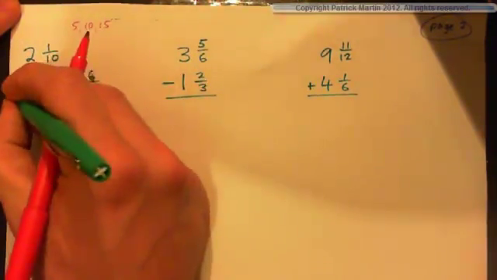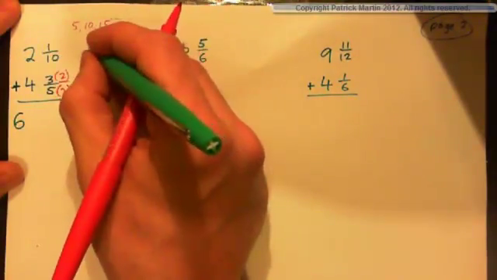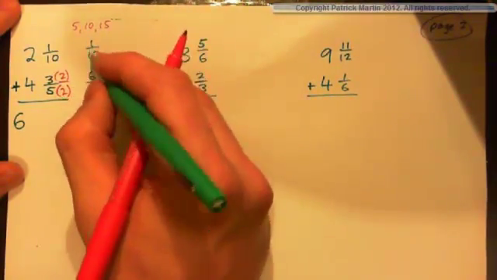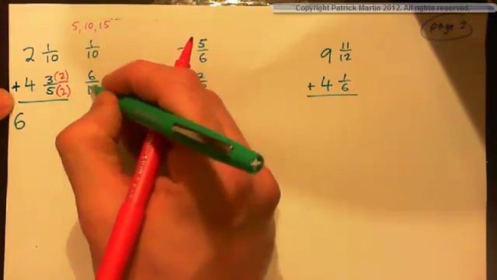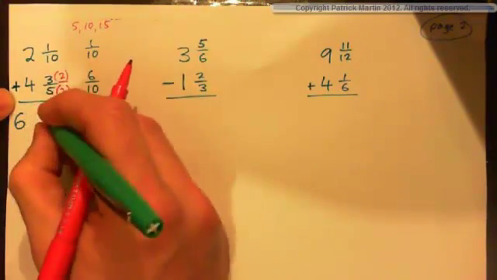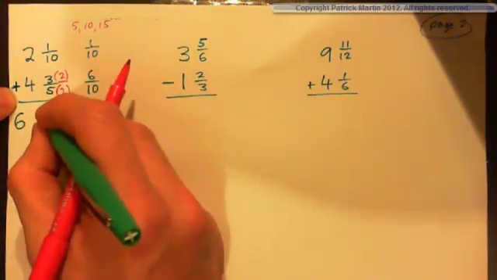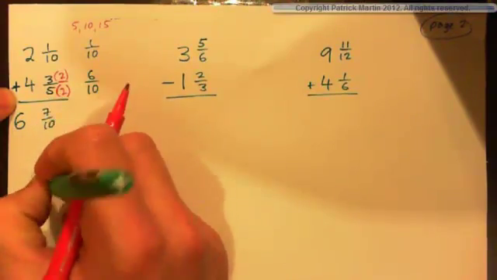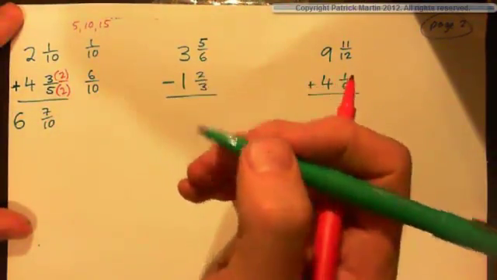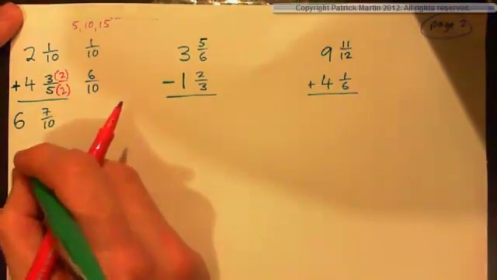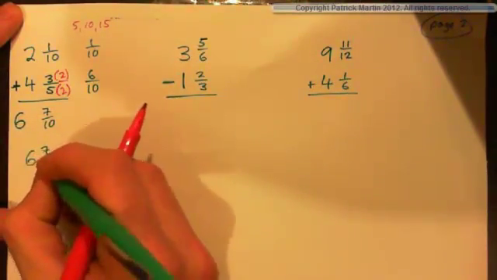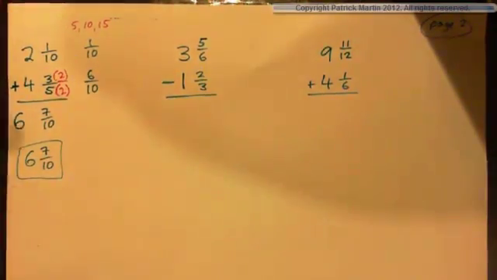That's just still 1/10. So I'm going to take my 1/10 and add 6/10, and that'll be 7/10, won't it? I can just put that here, 7/10. Does that make sense? So the answer is 6 and 7/10. I guess I should have written the fraction beside it. 6 and 7/10.